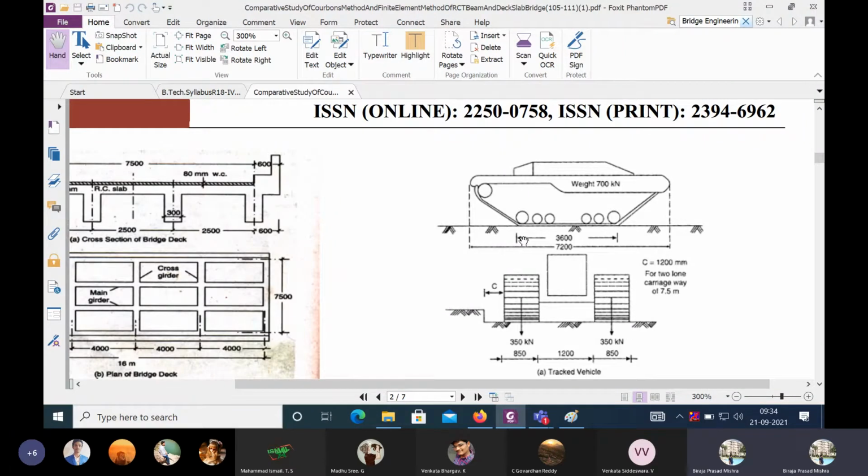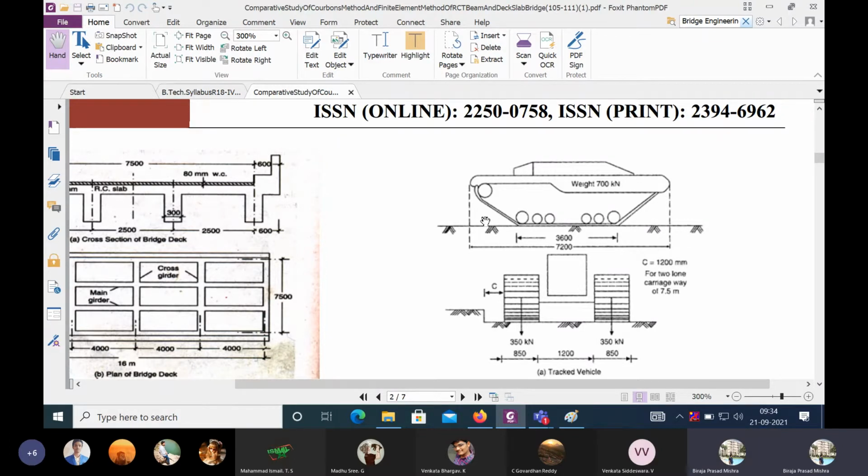This distance is the total length in contact with the surface of the earth, that is 3600 mm, so it becomes 3.6 meters.